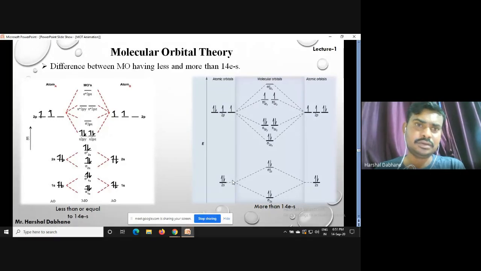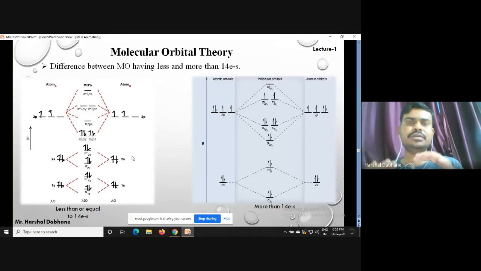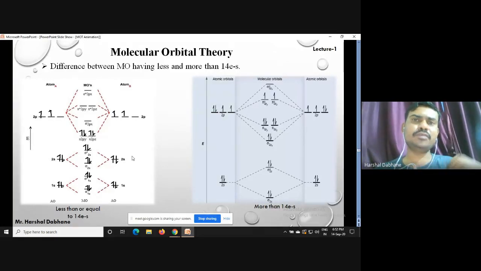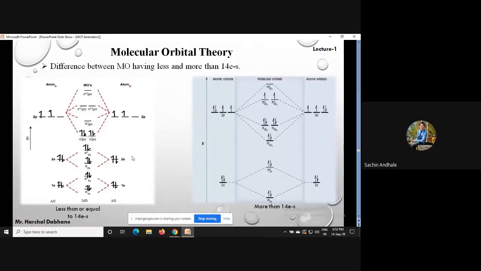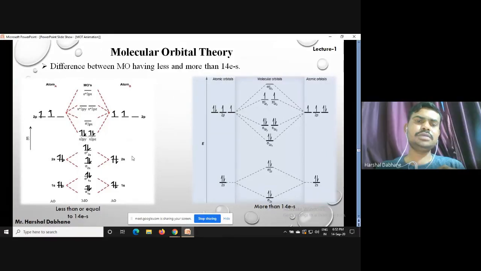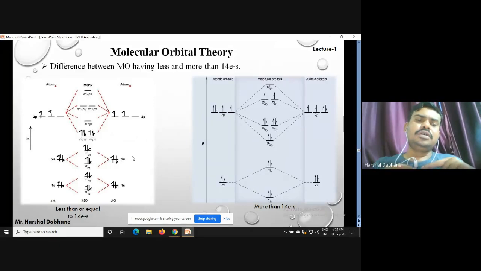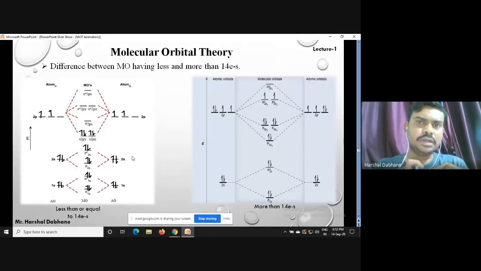See here, the explanation is that in the case of such molecules where the total number of electrons is less than 14, I am talking about this diagram.